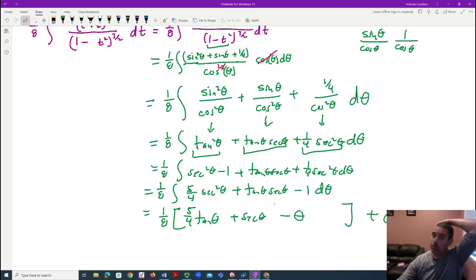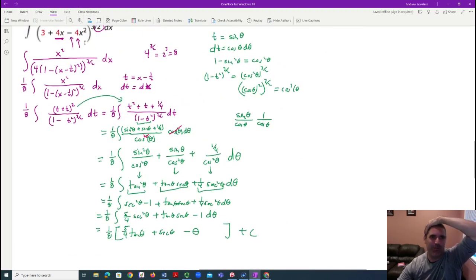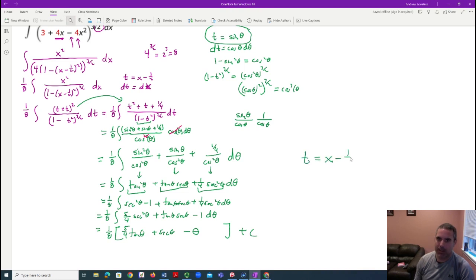And then you have one more job, which I am going to leave to you. I feel like I've given away way too much already, but hopefully this helps you get through this homework a little better. You need to somehow return to your original variable. So the substitutions we used were t equals x minus a half and t equals sine of theta. So you can do this in two steps.